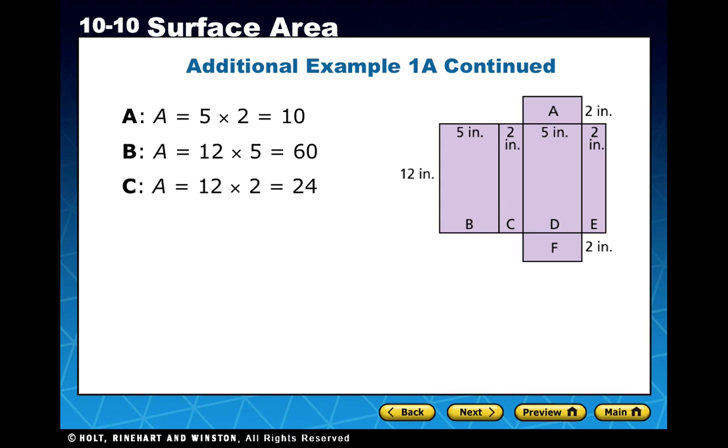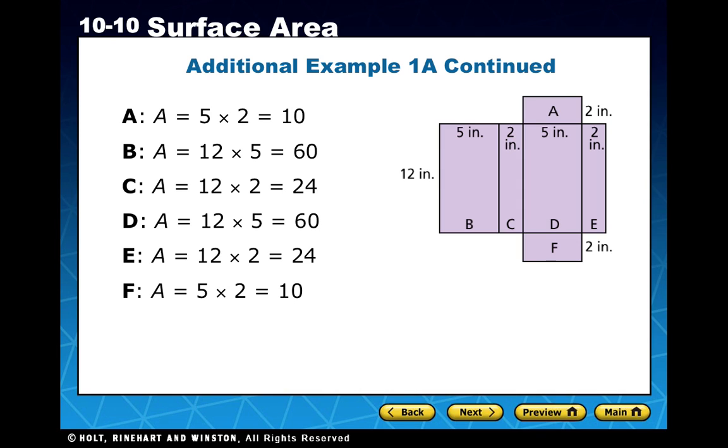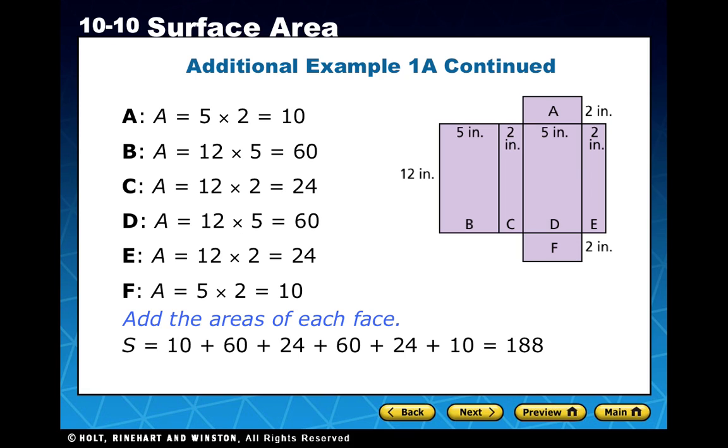So at this point, you could just multiply each of those times 2. And then we're going to add all of them together. You should get 188 inches squared. So the surface area, the area of all of the surfaces of the figure, is 188 inches squared.